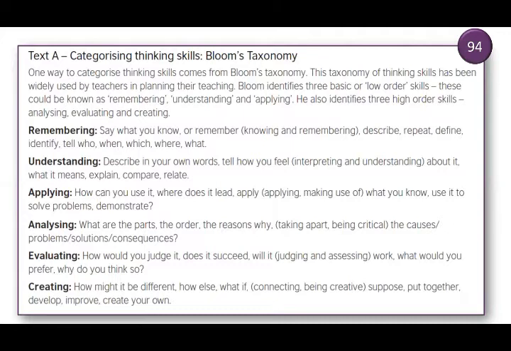Understanding. The second skill is understanding. Describe in your own words, tell how you feel, interpreting or understanding what it means.